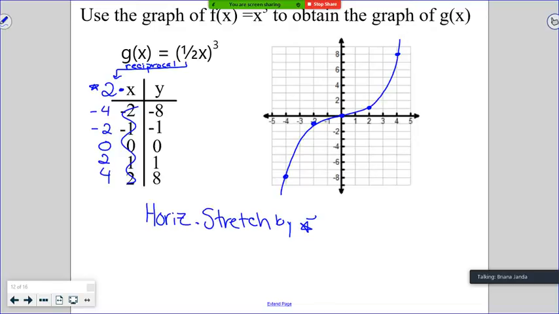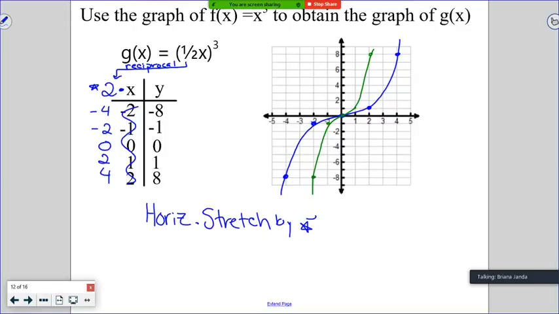If again I were to draw in the original, it would have looked like this. And you can see how I took that green graph and stretched it wider, twice as wide as it used to be. Horizontal stretch by 2.